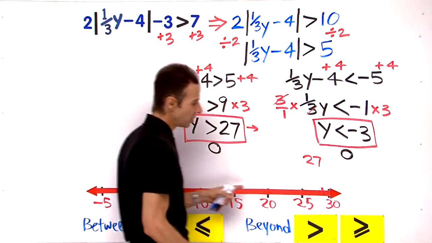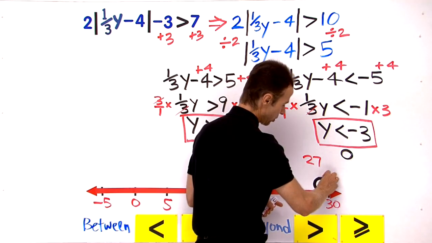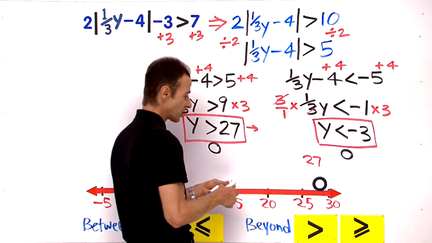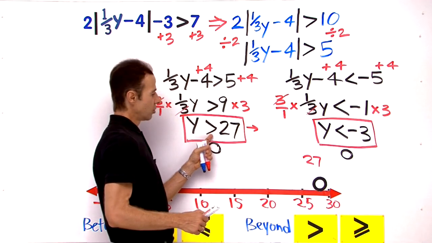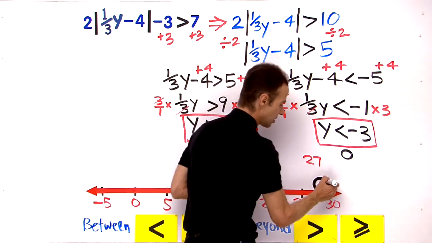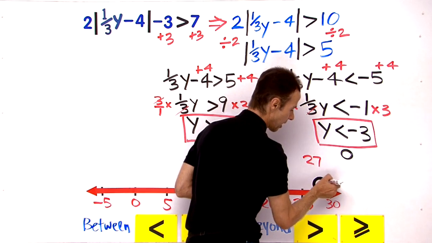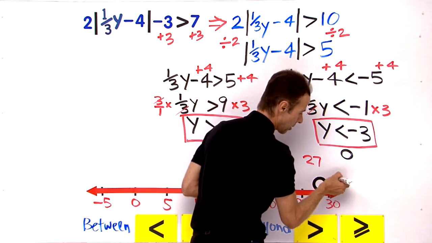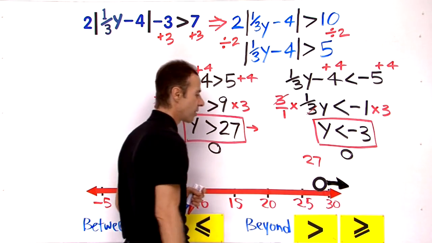So open circle, 27 is about there. There's our 27. Now, since it's greater than, it's going to the right, so let's put the arrow that way. There we go, out to the right.